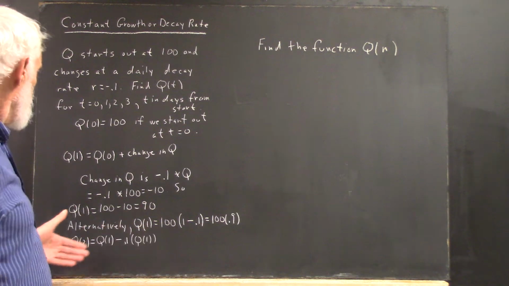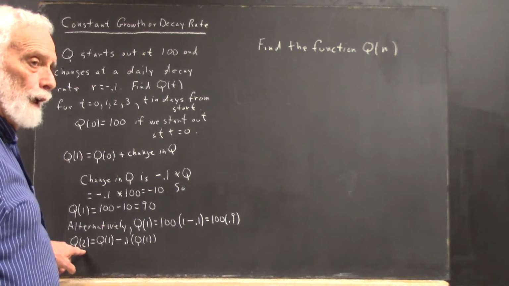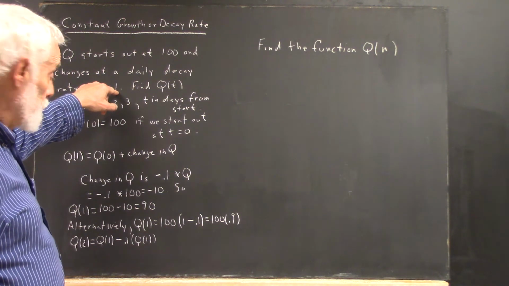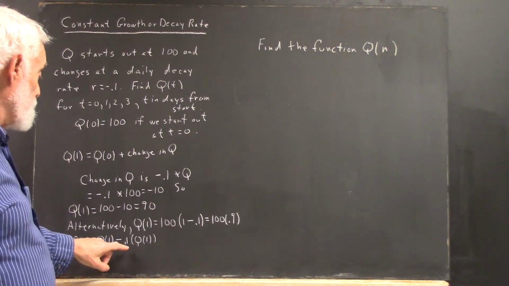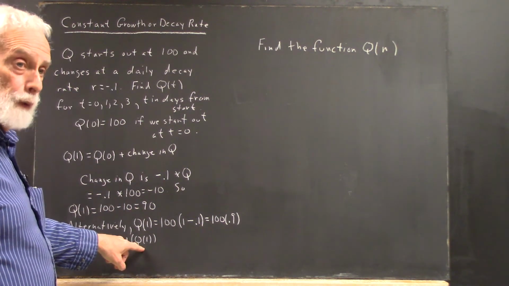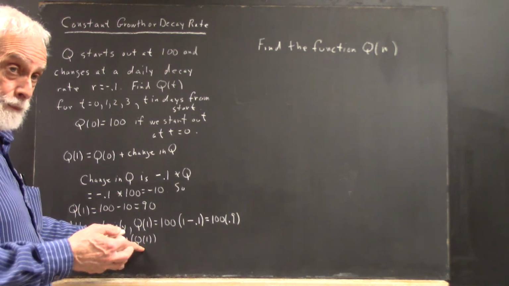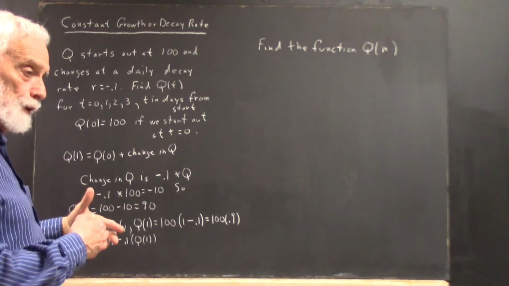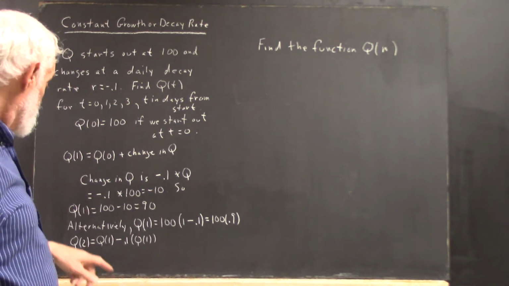Now why is that? Well, another day goes on. After another day, it will have changed with this growth rate, meaning that it will change by negative 0.1 times whatever it started the day at. It's the second day, which started at the end of the first day.